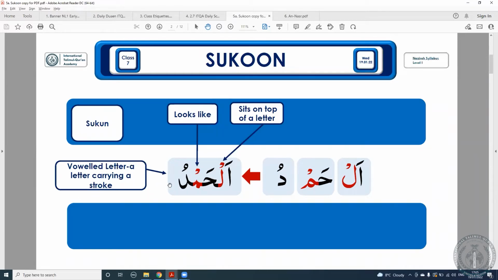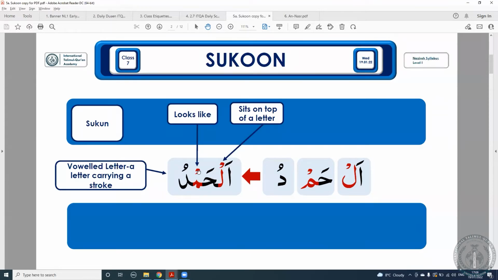Now I just mentioned in the beginning voweled or mutaharik letter. Now this, for example, dal in this case is a voweled letter or a mutaharik letter, and that is because any letter that carries a stroke, in this instance the stroke of dhamma, is a voweled letter.